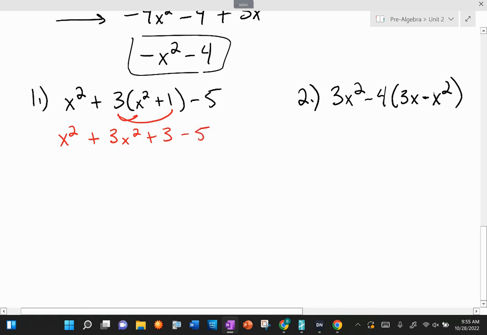Then we should combine like terms. So our x squared and our 3x squared will go together and give us 4x squared. And then we'll combine 3 and negative 5. 3 and negative 5 will give us what? Negative 2.